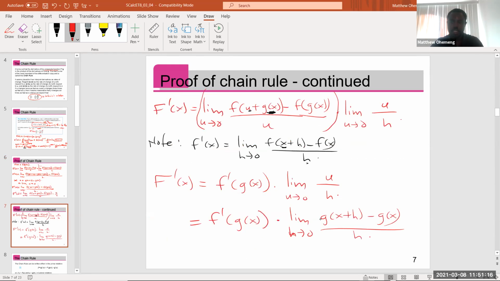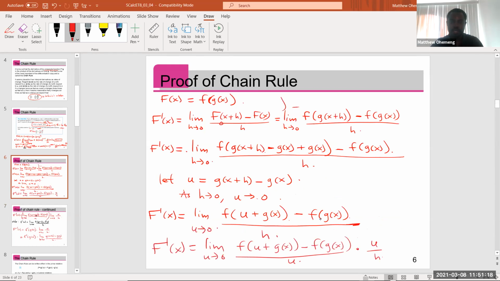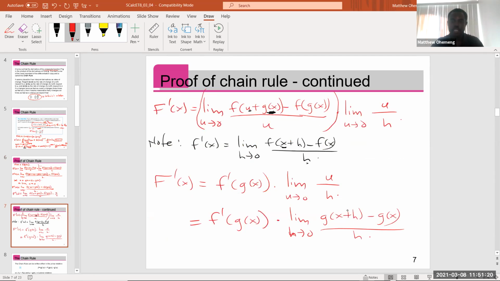I'm changing the limit back to h, because as u approaches 0, h is also approaching 0, so you can just replace them. But then what is this? That is the same as g prime of x. So there you have it.